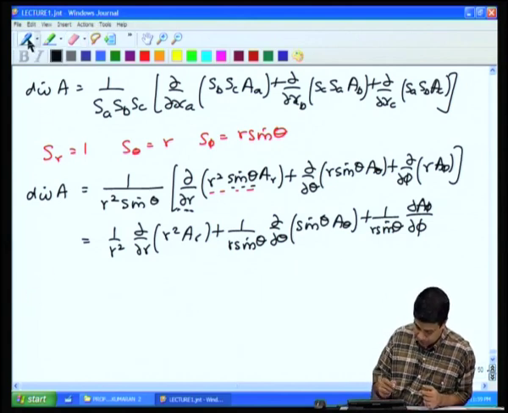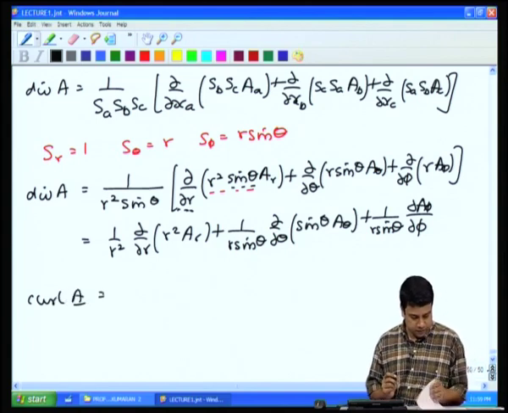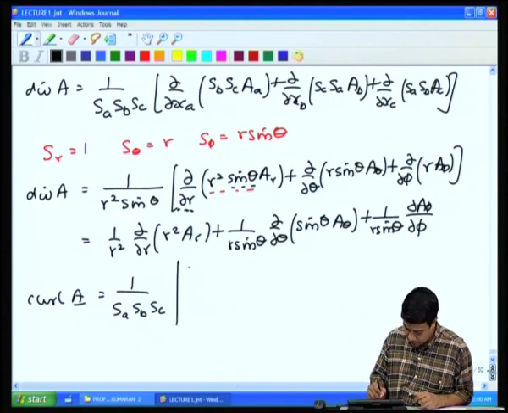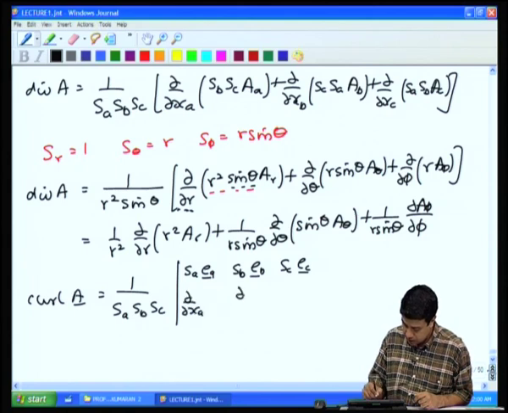The curl of A can be calculated as 1 by S_A S_B S_C times the determinant of S_A e_A, S_B e_B, S_C e_C, d by dx_A, d by dx_B, d by dx_C, S_A A_A, S_B A_B, S_C A_C.